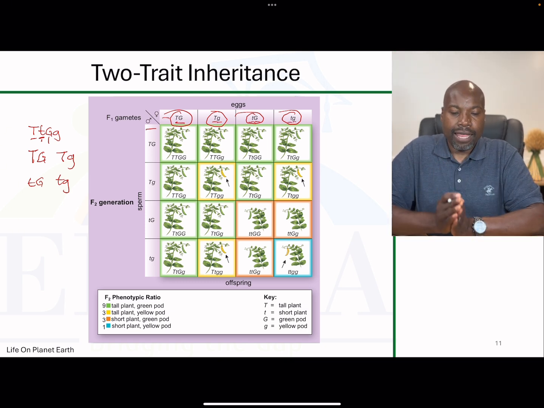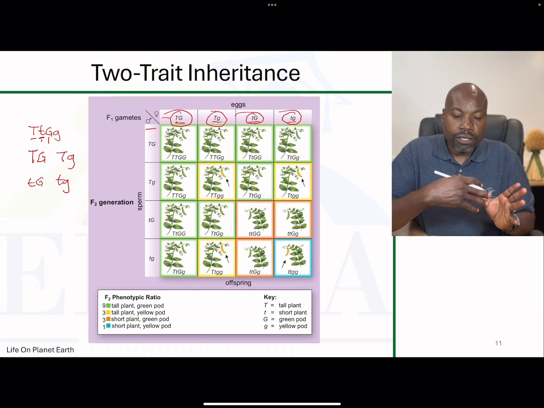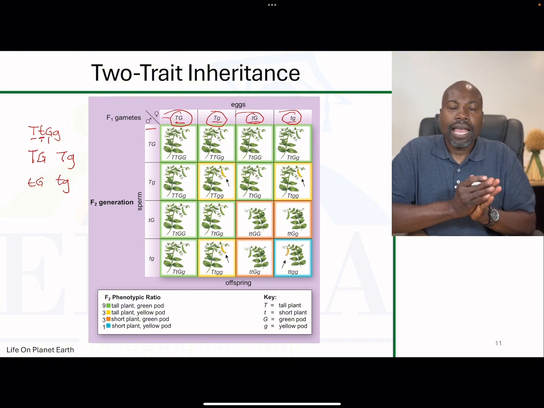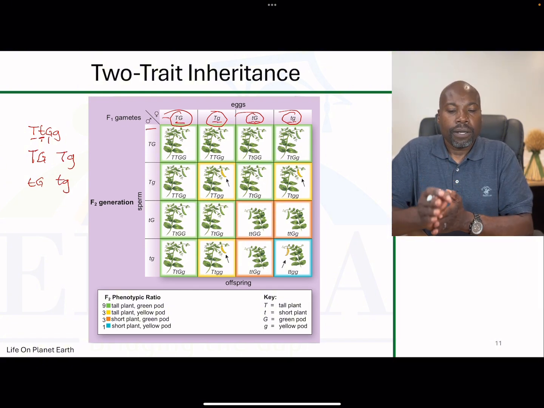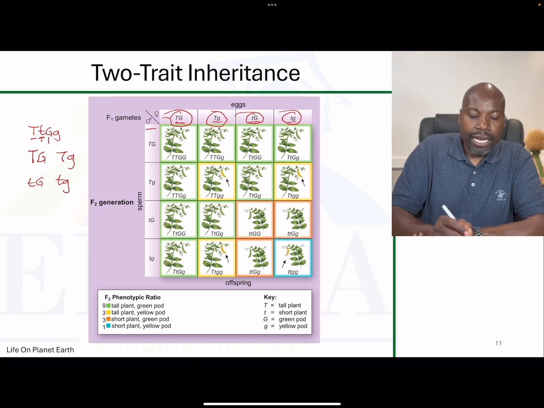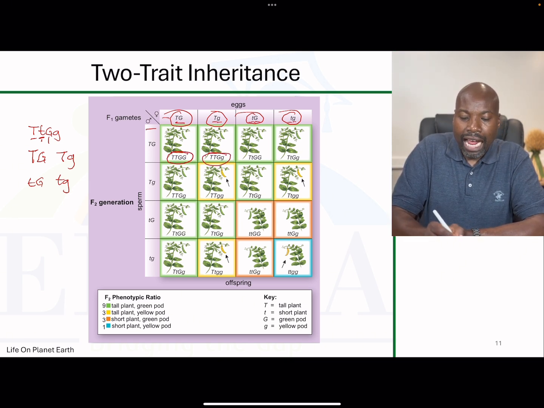So having said that, now we need to cross gametes and eggs, right? By doing so, we obtain the different genotypes here, and from the genotypes, we deduct the phenotypes, right?